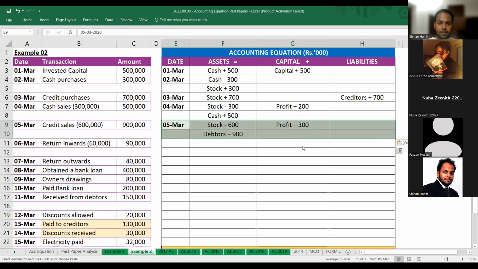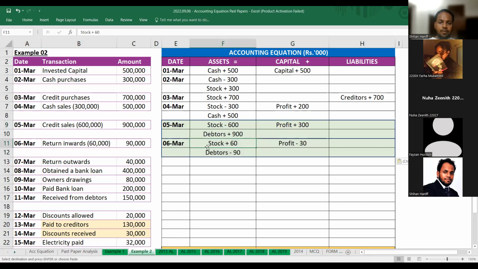Then the stock will increase. Here stock reduced, now stock will increase, debtors will reduce, profit will reduce. So 6th March, the transaction: stock increase because the customer returned the goods to us. Then the debtors will reduce 90 and profit also will reduce by 30.